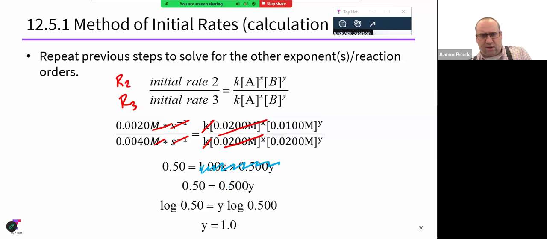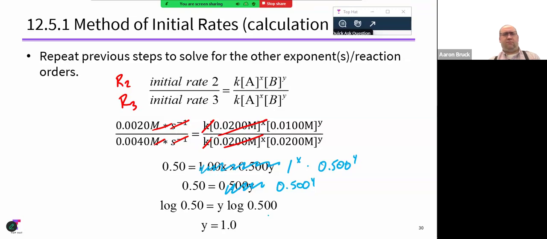That didn't come out correctly. This is supposed to be 1 to the x times 0.5 to the y. But we're basically in the same position again.